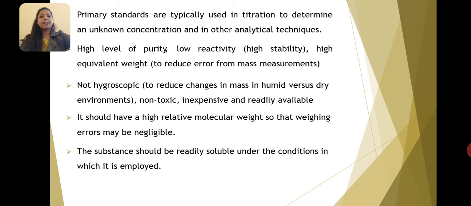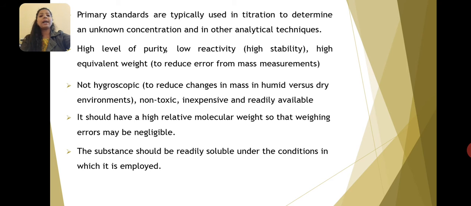Primary standards are typically used in titration to determine the unknown concentration and in other analytical techniques. High level of purity, low reactivity, high equivalent weight, not hygroscopic, non-toxic, inexpensive and readily available. These are all the properties of primary standard solution.